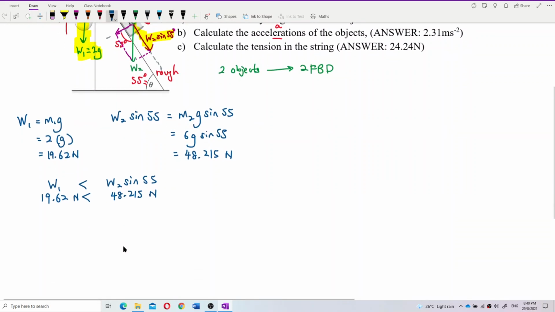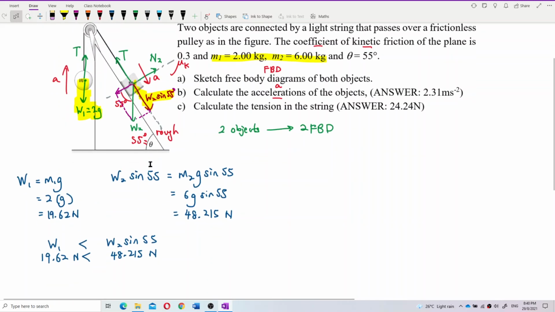So the conclusion is, which direction should it go? The mass 2 falls down, mass 1 goes up. So mass 1 rises and mass 2 falls.